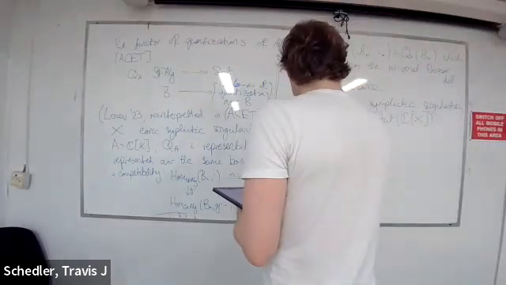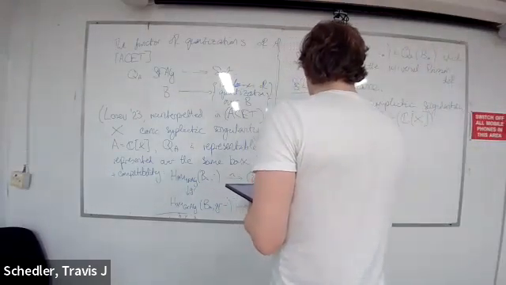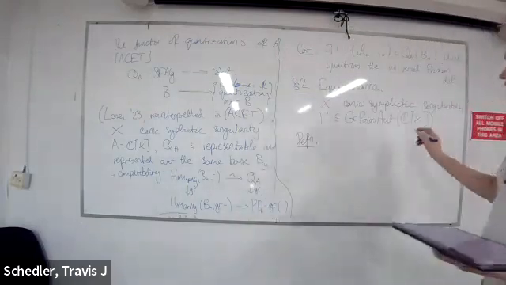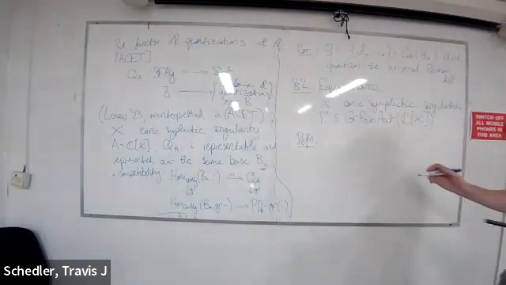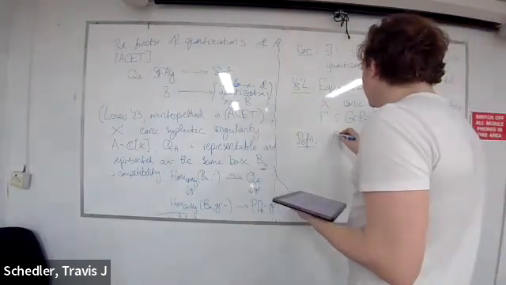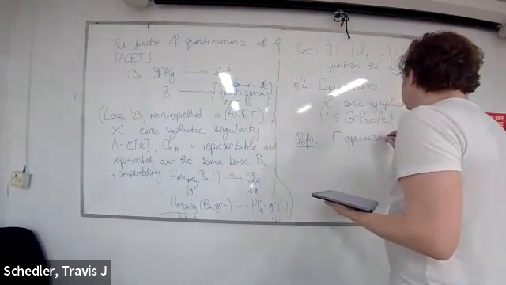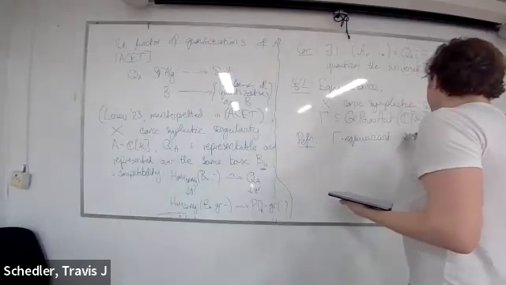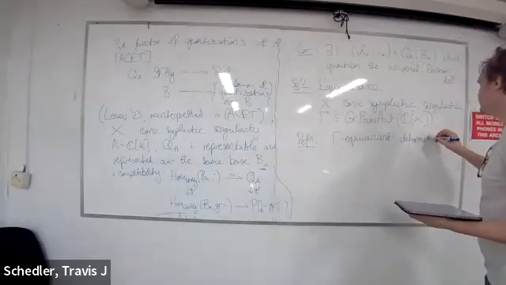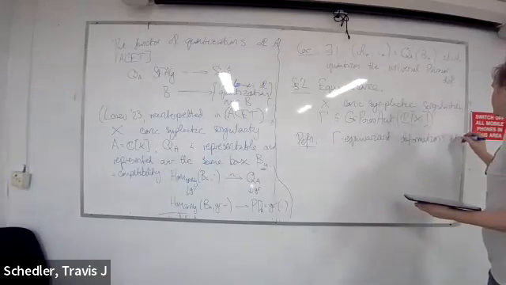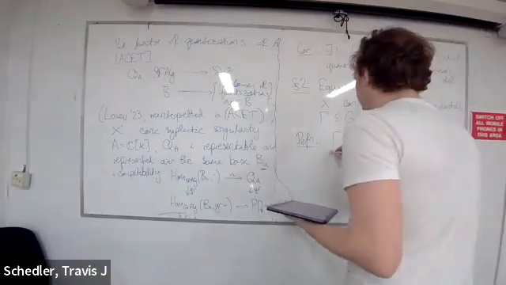So once you have a group Γ of graded Poisson automorphisms of this coordinate ring, then you can consider the Γ-equivariant deformations and quantizations.